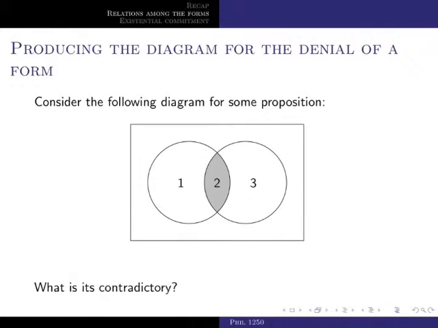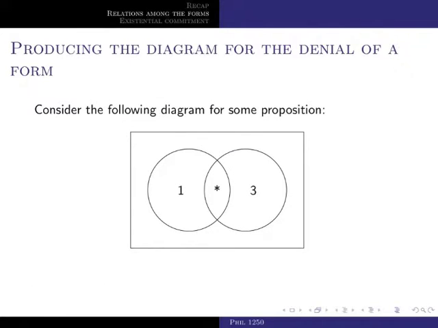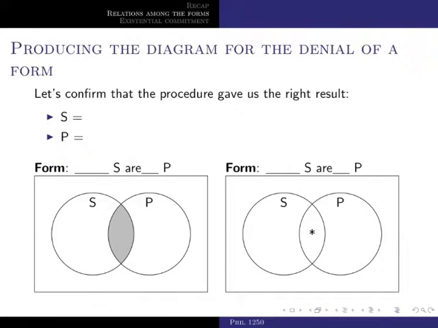As an example, let's consider this diagram in which area 2 is shaded. So what is the contradictory of the categorical form represented by this diagram? Well, we simply replace the shading with an asterisk. Let's confirm that this procedure gave us the right result. The diagram to the right resulted from the diagram to the left by substitution of shading by an asterisk. Say that S is dogs and P is fierce.